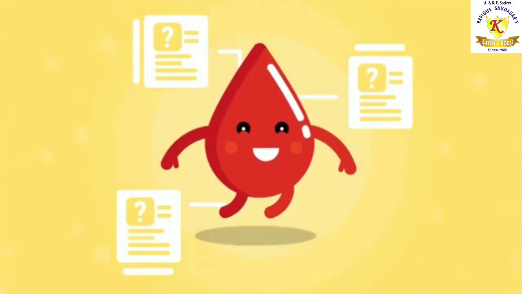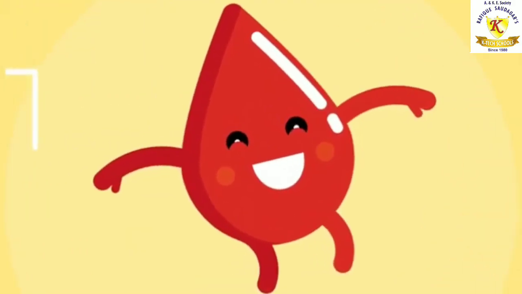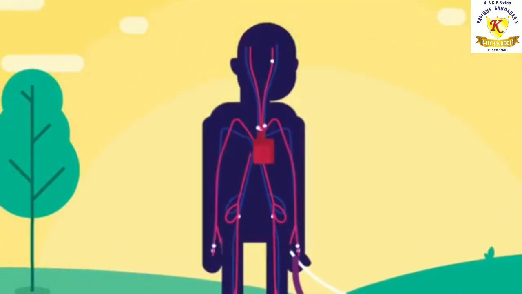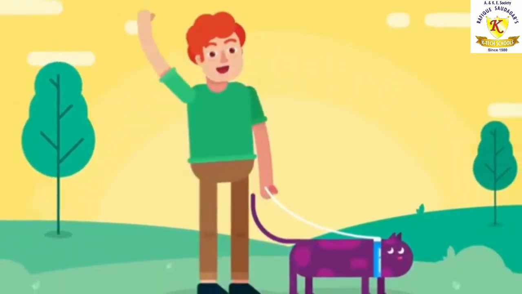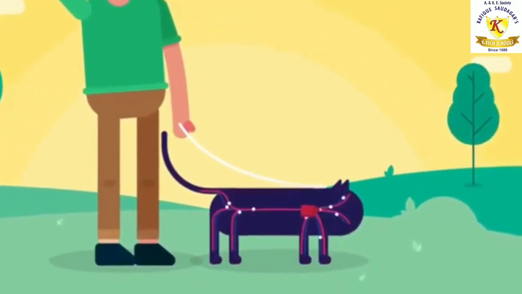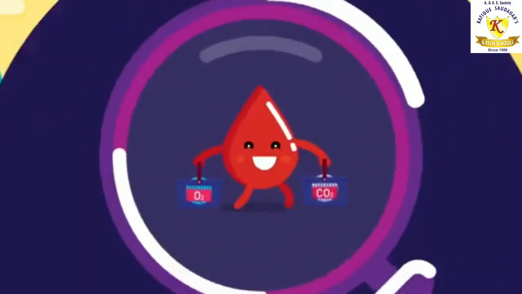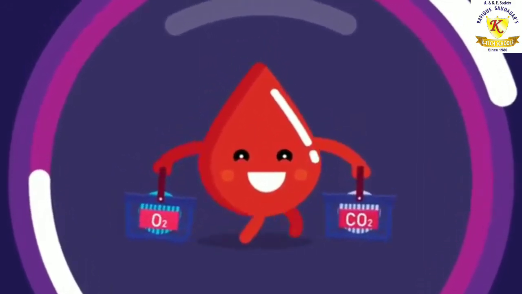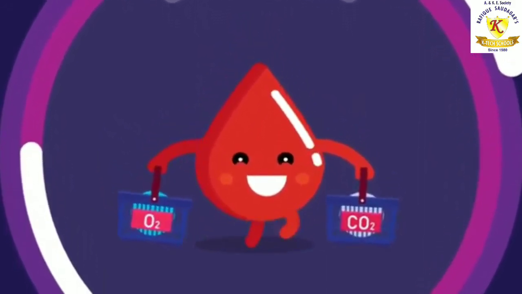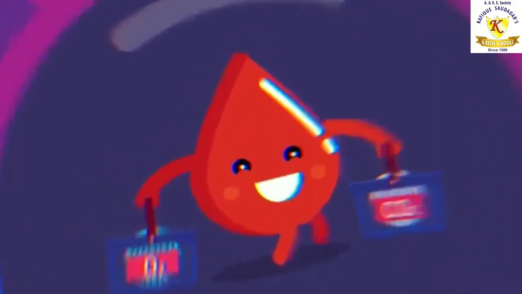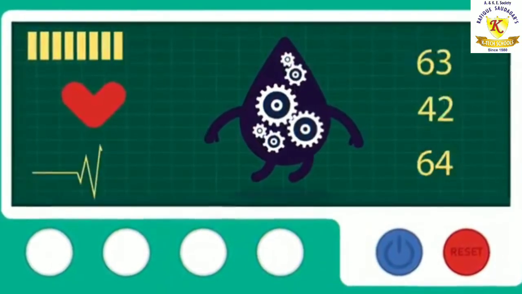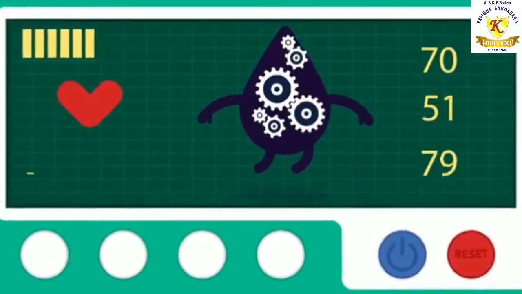In simple words, it is a red liquid which circulates in arteries and veins in humans and other vertebrate animals, carrying oxygen to and carbon dioxide from the tissues of the body. Others define blood as a vital principle of life.